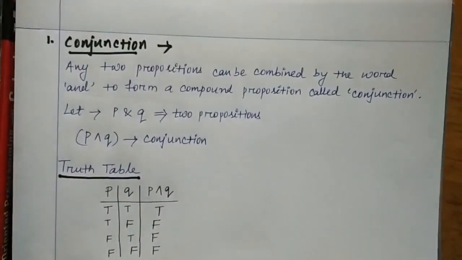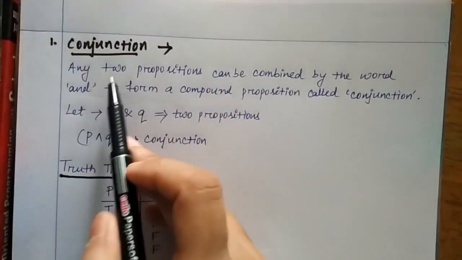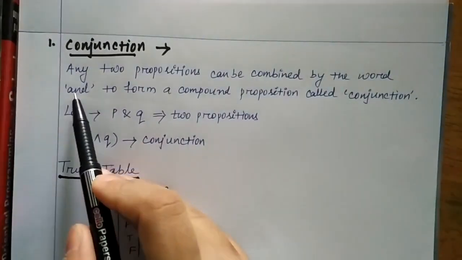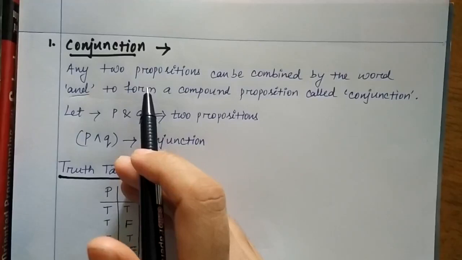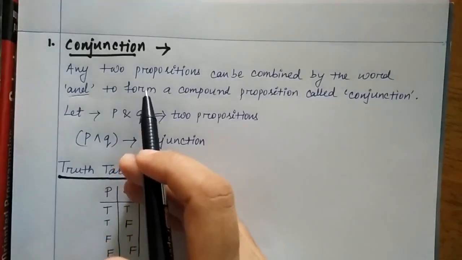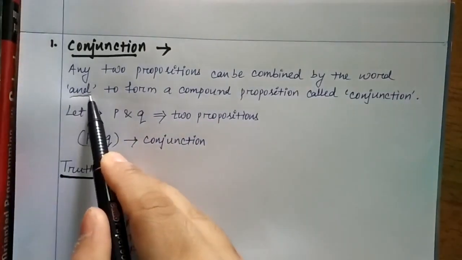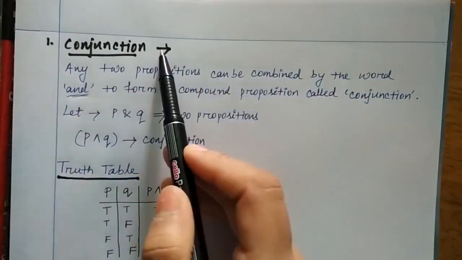The first one we'll see is conjunction. Conjunction is when you add any two propositions by combining them using the word AND. I told you about connectives when we considered the compound statement. In the same way, when you use the connective AND to connect two different propositions, that is called conjunction.